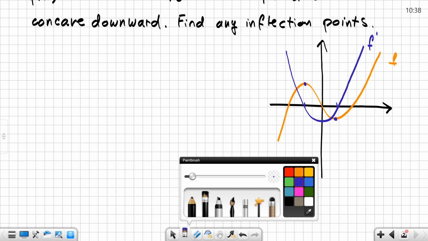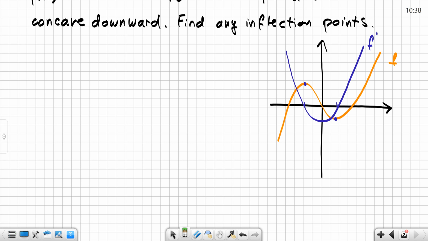Now the derivative of this one, of the blue one, of the first derivative, is our second derivative. And this is just the graph of a linear function going through 0, where the first derivative has a horizontal tangent line.